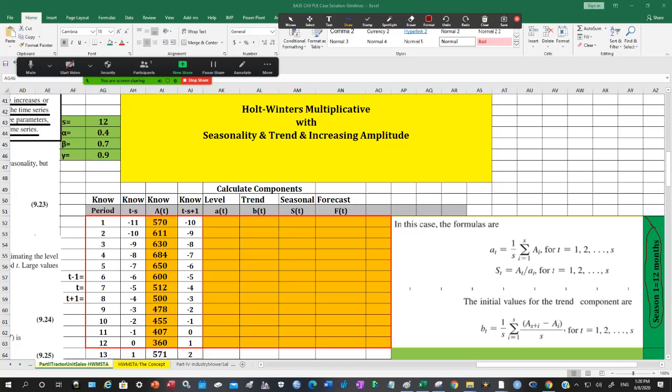Period 1 is January of 2010, February of 2010, March of 2010, and so forth. If T is month number 7, then T minus 1 is month number 6, and T plus 1 is month number 8.